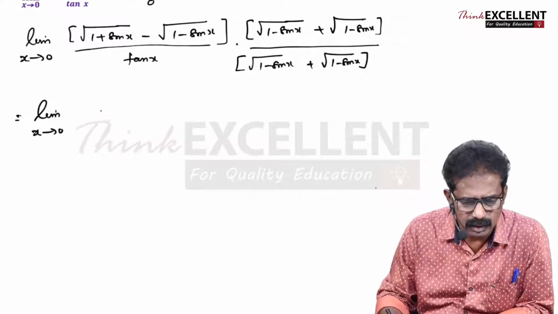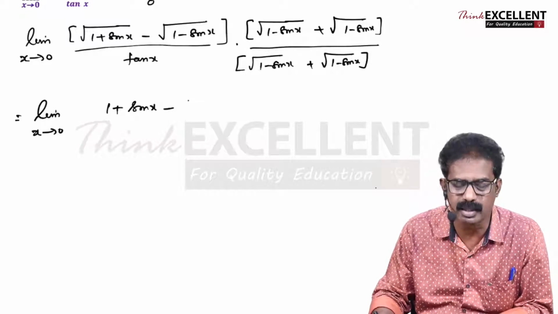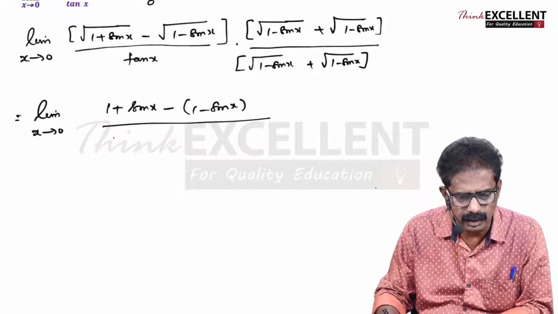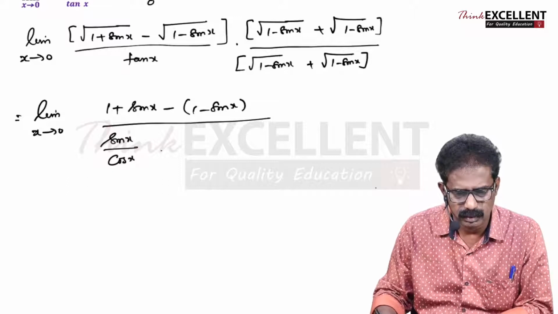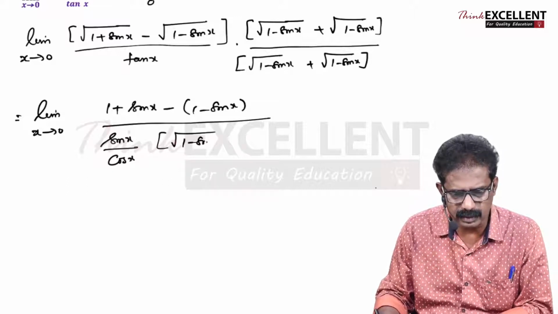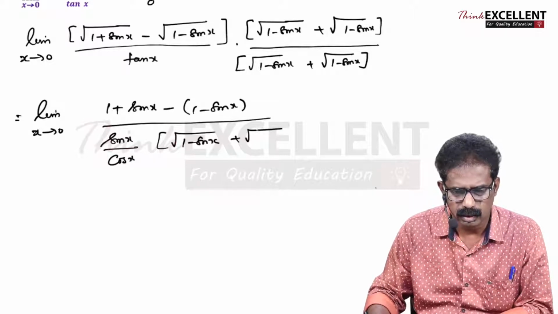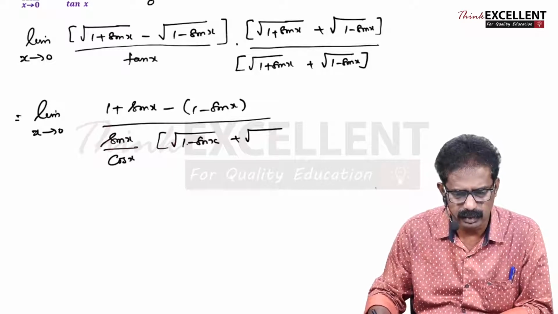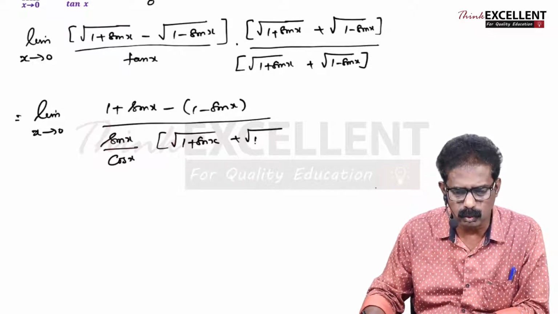The roots cancel, you get 1 plus sin x minus b square, so minus of, put a bracket, 1 minus sin x, divided by tan x, which can be written as sin x by cos x, into root of 1 plus sin x plus root of 1 minus sin x.